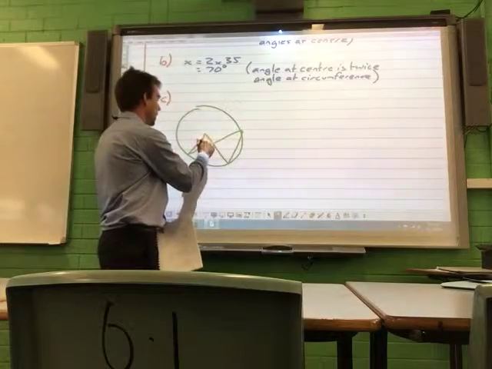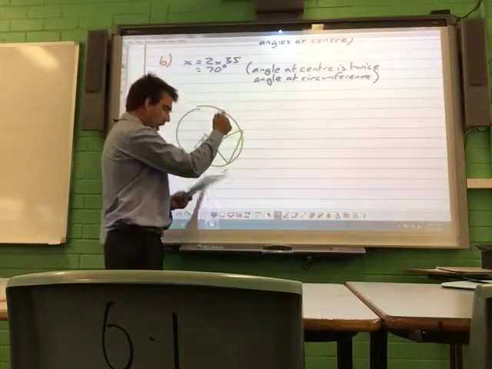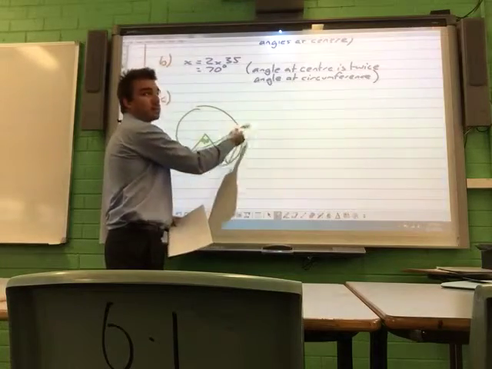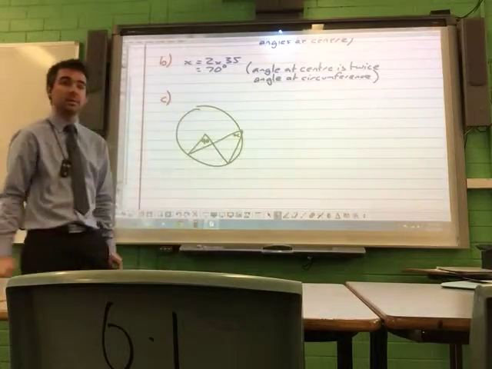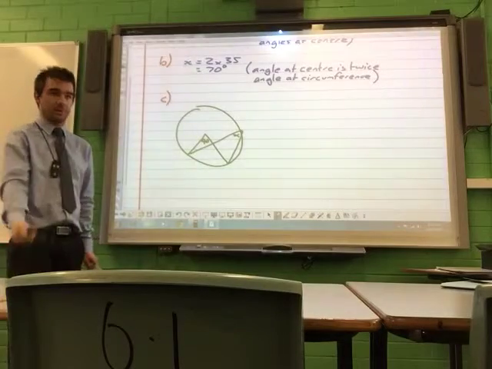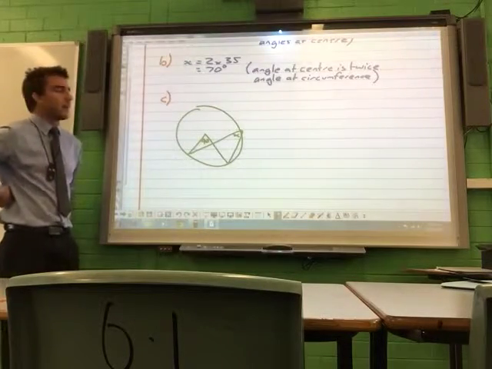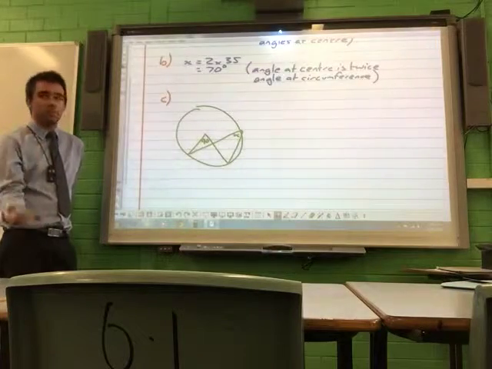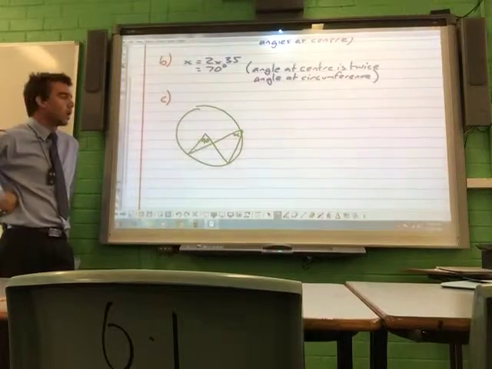So this is 40 here and x here. That's the angle at the centre, that's the angle at the circumference. It looks different to what we're used to seeing. That's why I'm stating the process so that you can follow it.